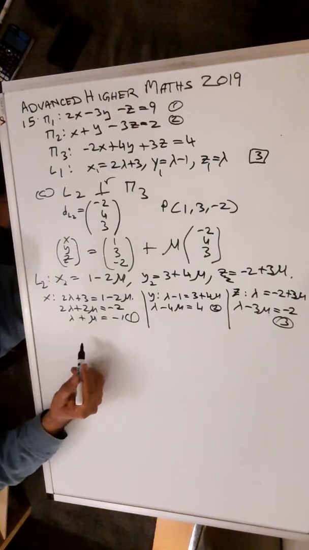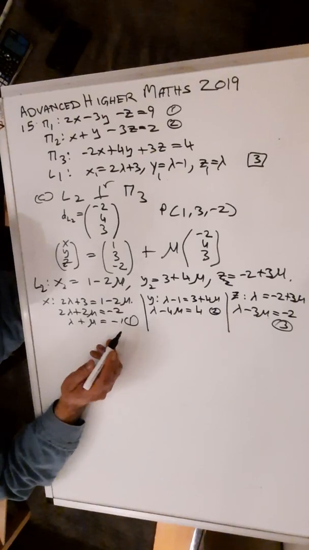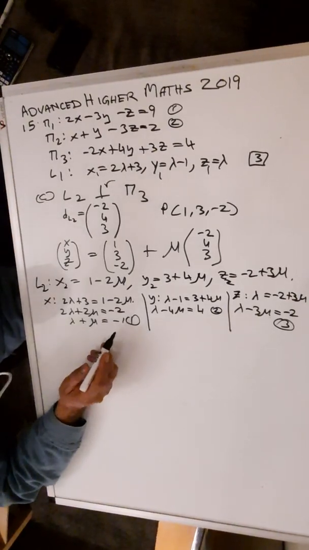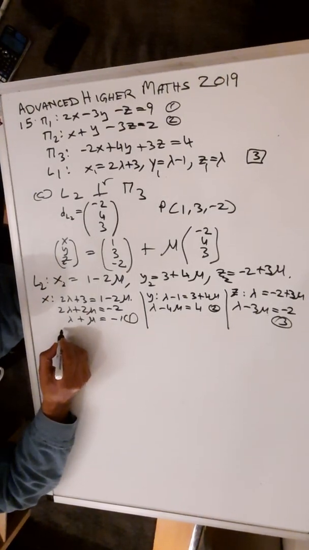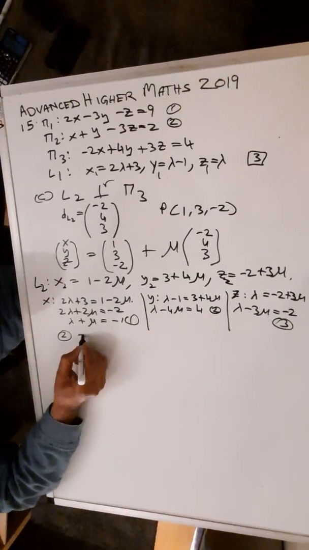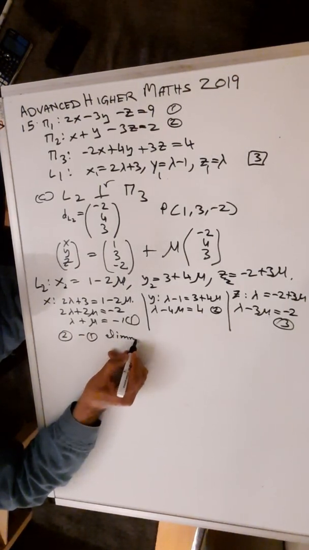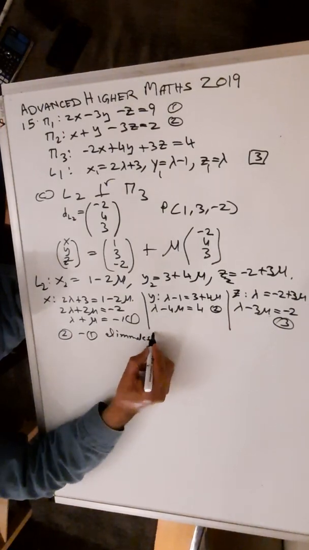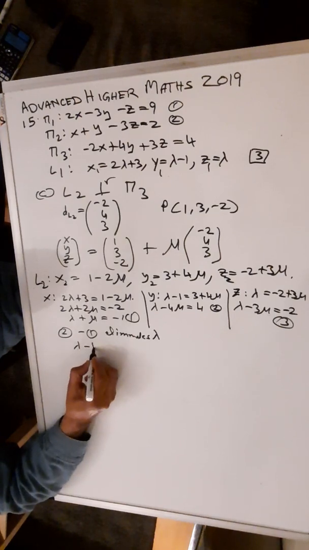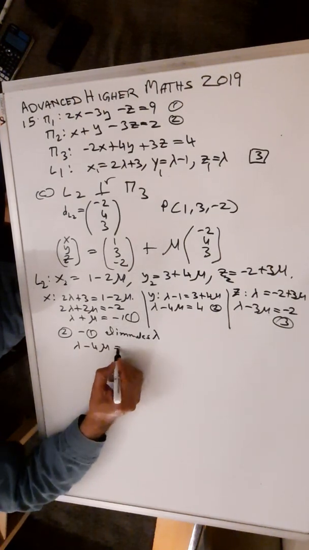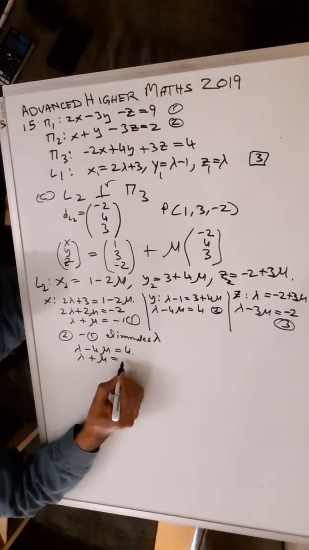Okay, so now you need to find the values of these parameters. If you took equation 2 minus 1, that eliminates lambda. You've got lambda minus 4 mu is equal to 4, and lambda plus mu is minus 1.